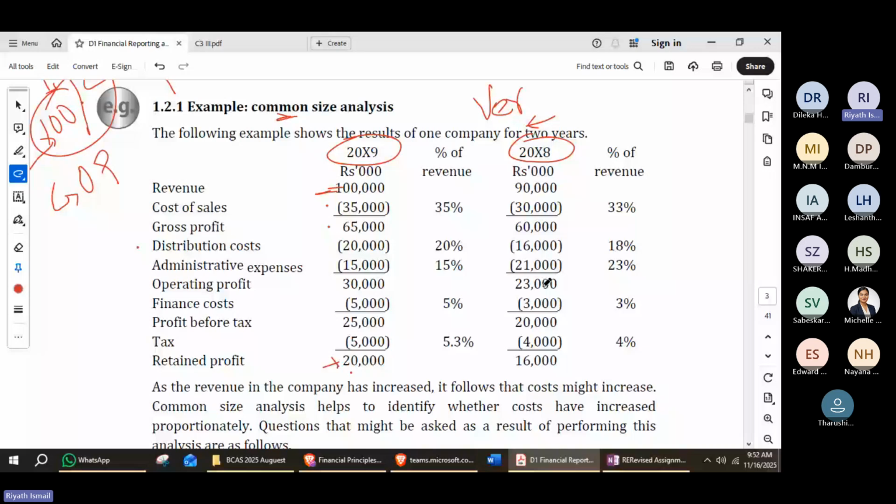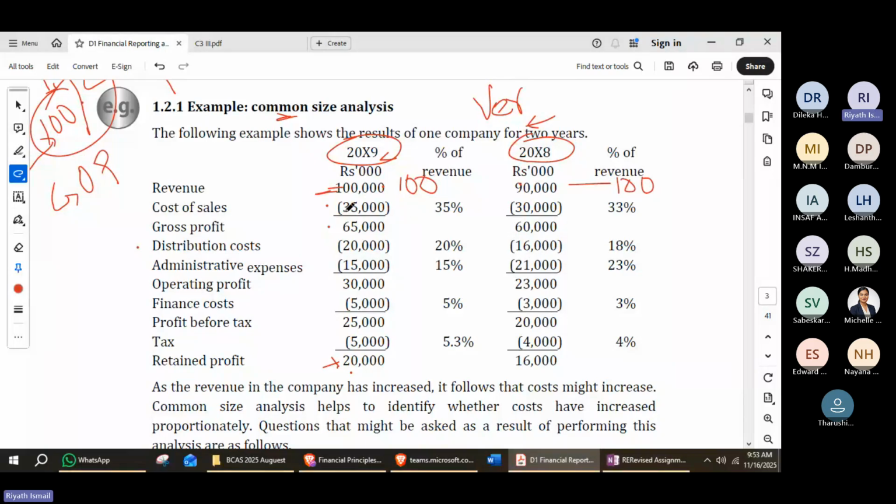Now we compare. We can say 90 million last year, now 100 million, so we can say that the sales go up. But for common size, we convert this: sales is 100, and last year's 90,000 is also considered as 100.